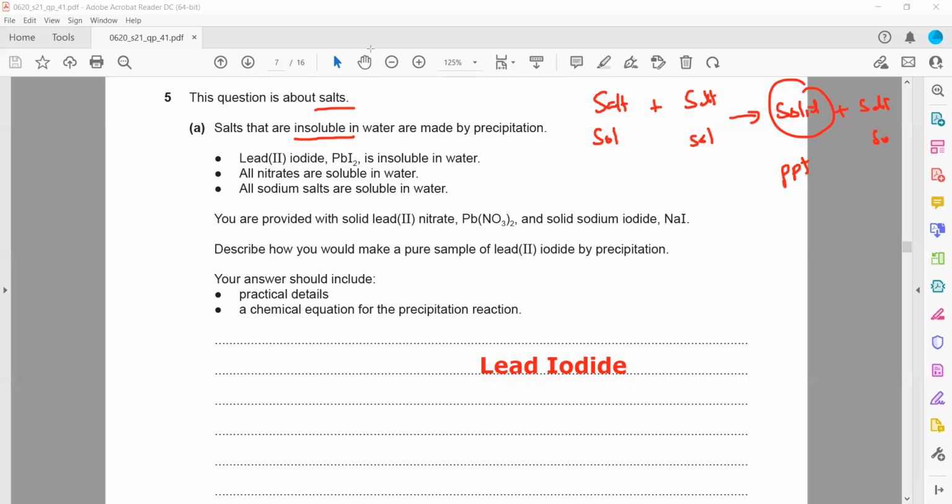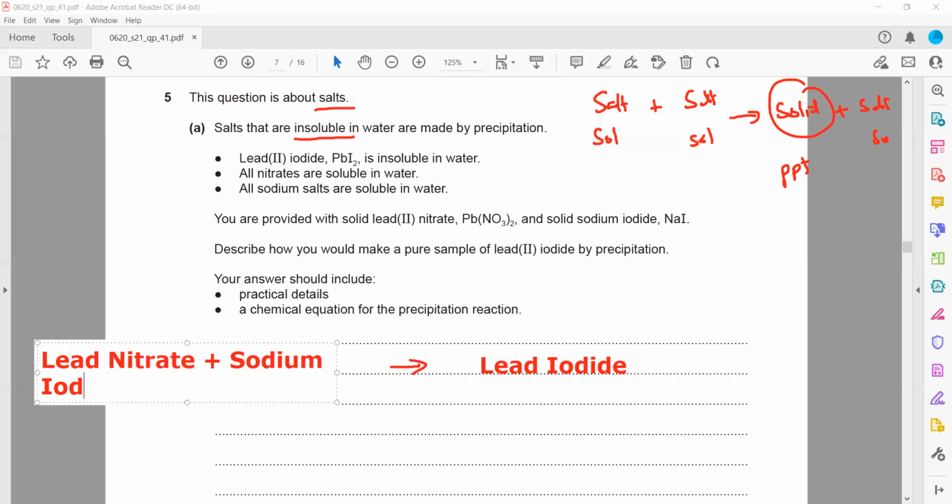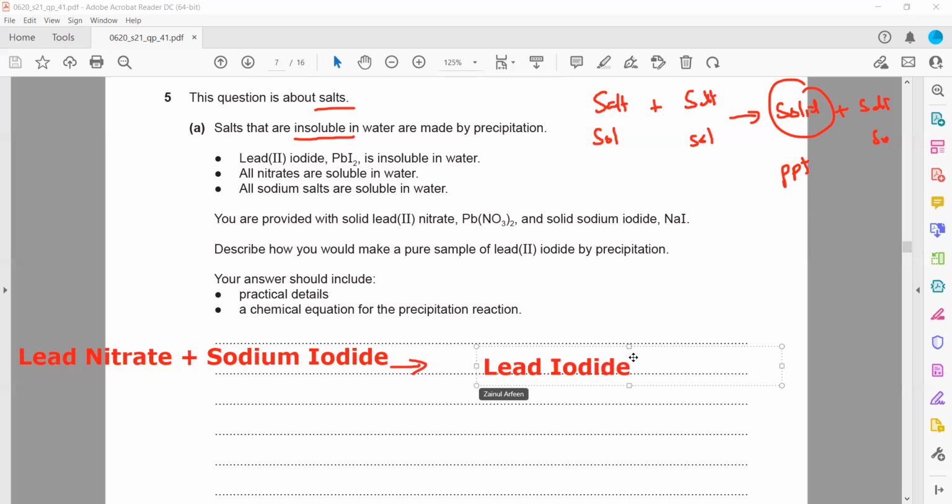You are provided with lead nitrate. So we already have lead nitrate in the question, and we have sodium iodide. When they mix with each other, what will they form?